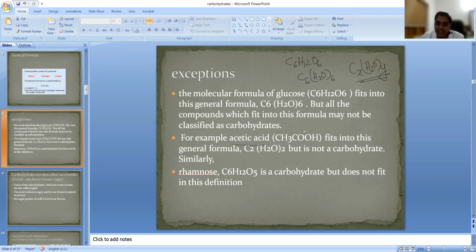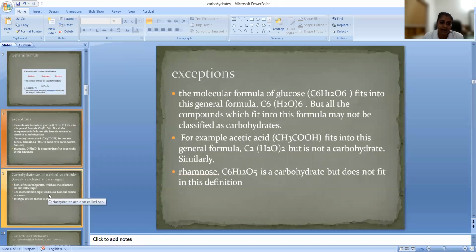If you take acetic acid, you can write it as C2H4O2, but it is not considered a carbohydrate, even though it fits this general formula. So this is an exceptional case. And C6H12O5 is actually a carbohydrate, but we cannot write it in this form. So there are a few exceptional cases, but generally we can say the general formula is CxH2Oy.